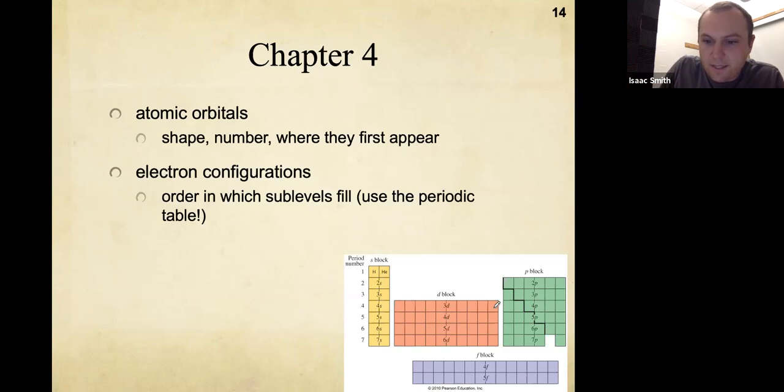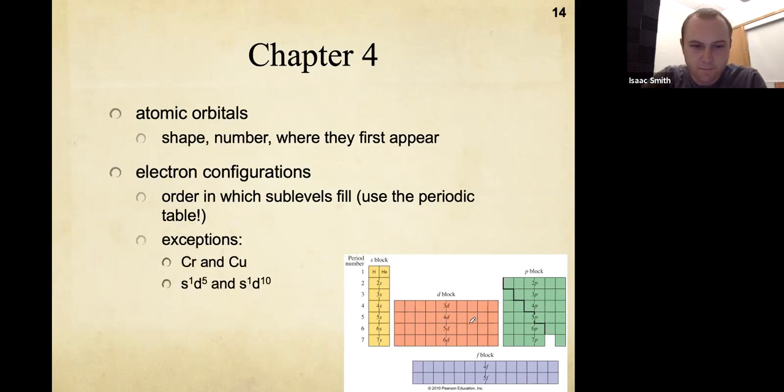Then you have 3d, then 4p, then 5s, then 4d. The order gets complicated, but just following along left to right, like you're reading a book, really, like you're reading the periodic table, it shows you what order to fill the sublevels as you write an electron configuration.